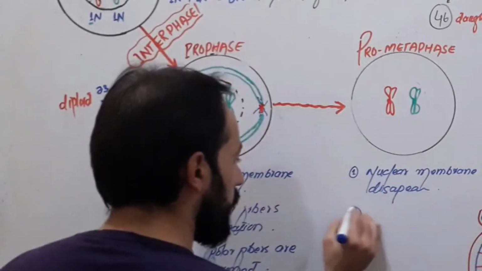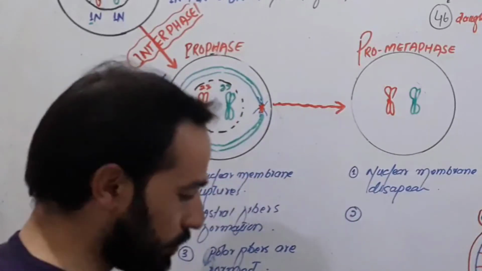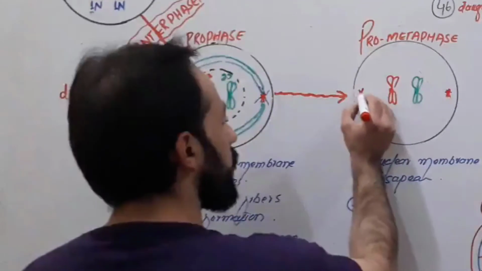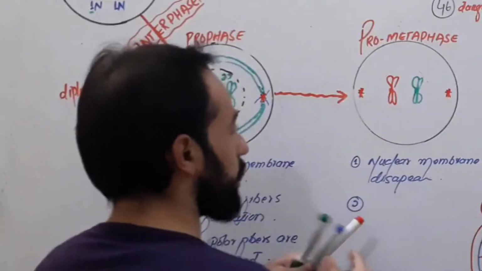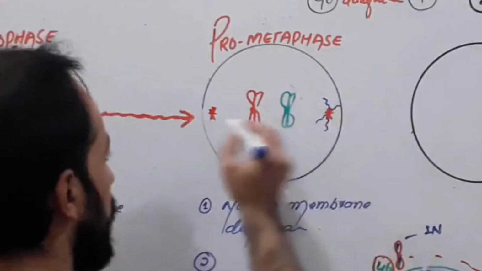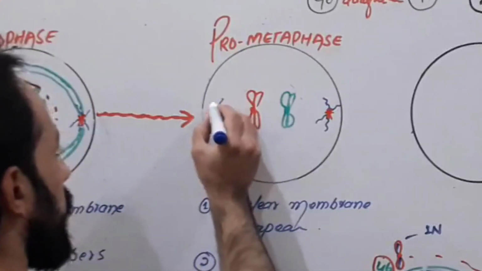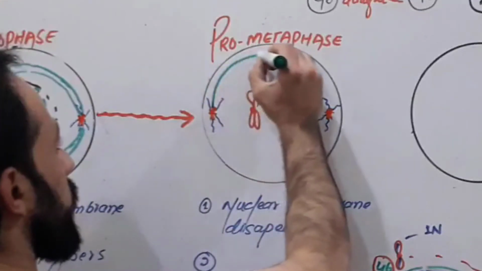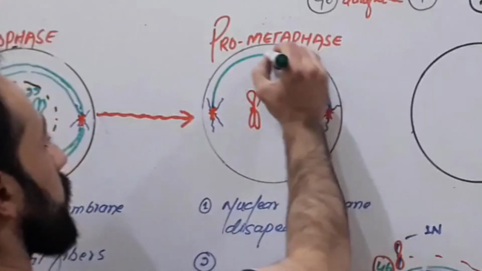Done. Then number 2, what happens? We know here we have our centrioles. So from centrioles there were fibers arising, and these fibers were called astral fibers, and from them there was the second group of fibers which are called the polar fibers. Done.